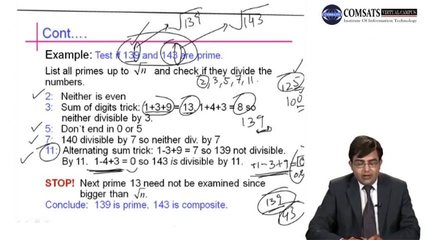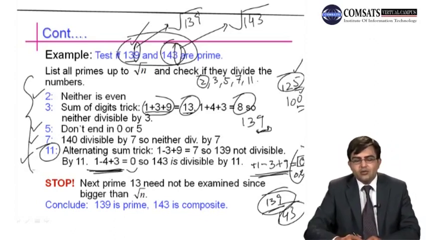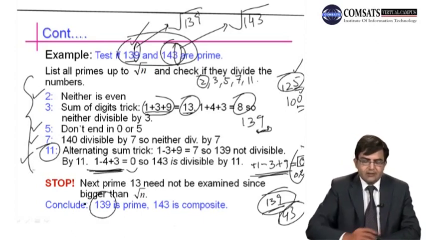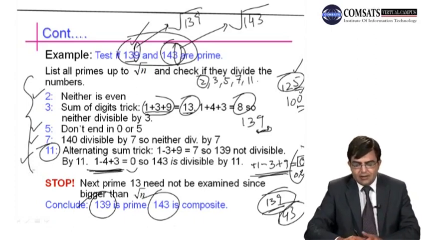So what we have concluded here is that 139 is prime because 139 is not divisible by any of the prime numbers which are less than the square root of 139. But 143 is a composite number, as 11, which is a prime number less than the square root of 143, divides 143.